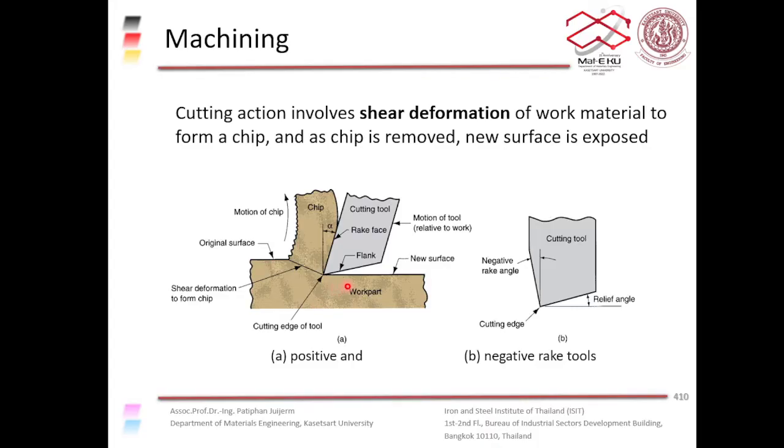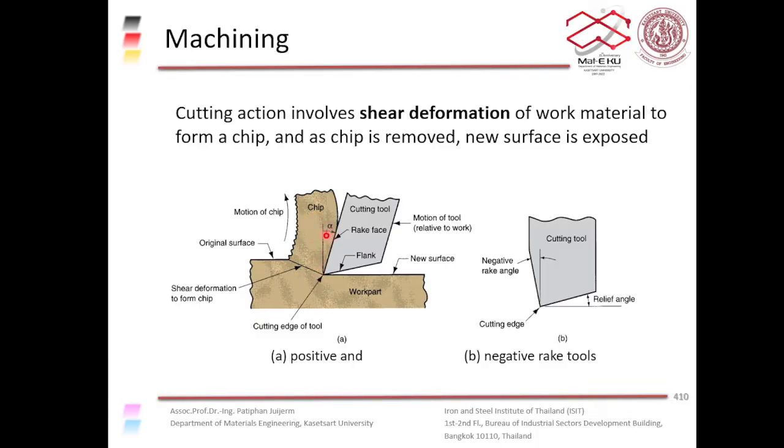Okay, so the cutting tool can be divided into two types. We have positive rake and negative rake, right? The rake refers to this angle here of the cutting edge. So this is the rake face. So this is a positive rake, right? Imagine the surface of the workpiece and you draw a line perpendicular to the surface.